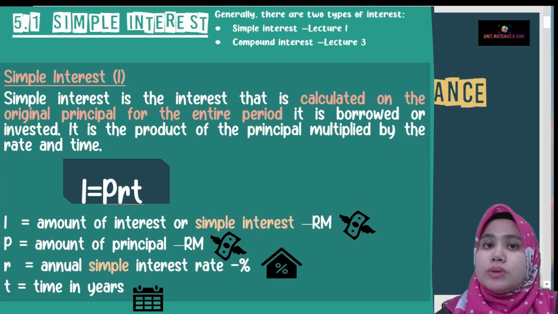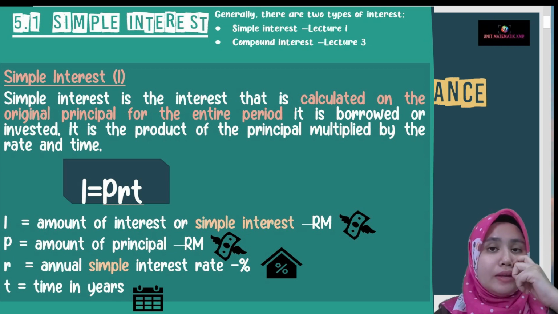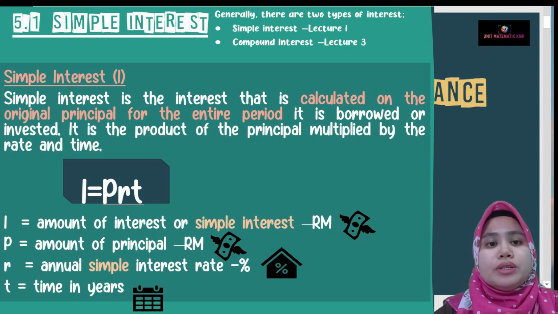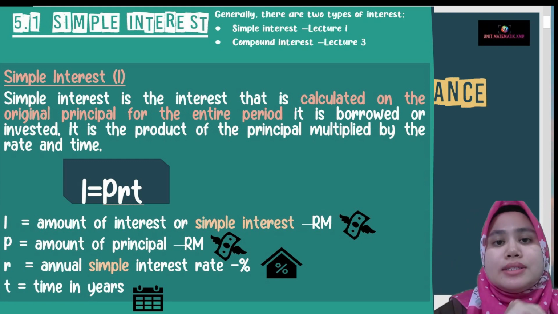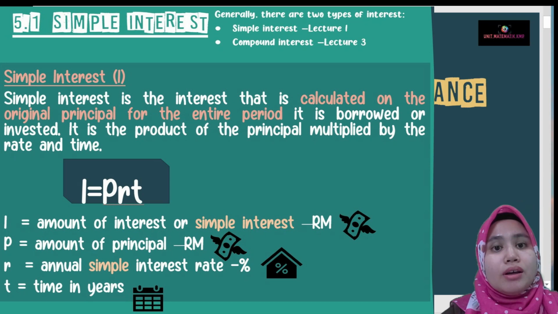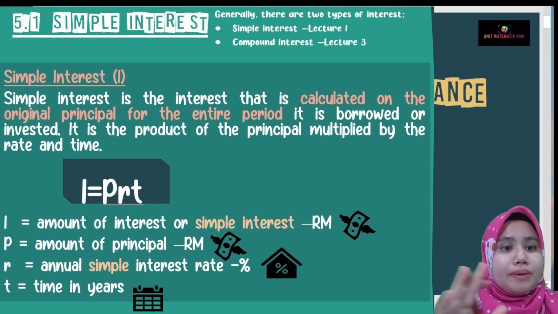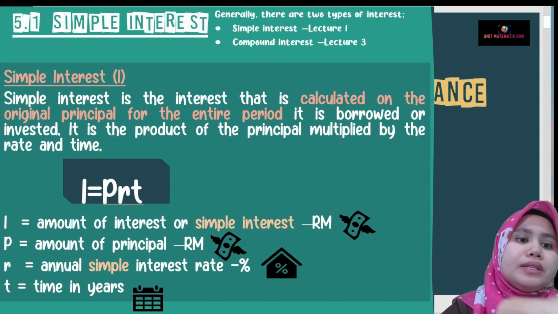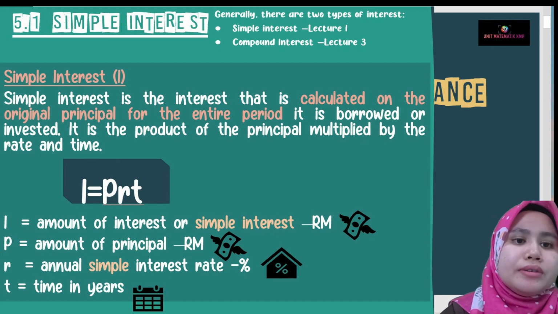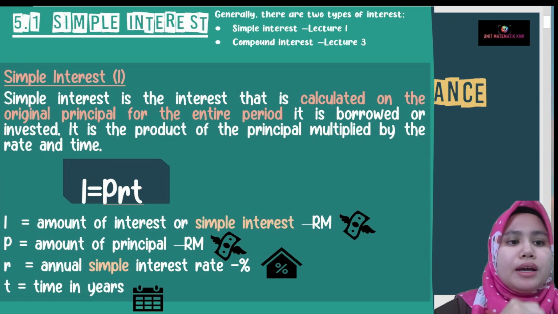Both of them have different meanings and also different words. So what you need to focus on is to look at the words, whether it is simple or compound. What is simple interest? Simple interest is capital I here.